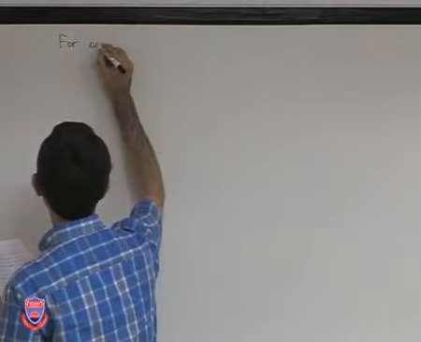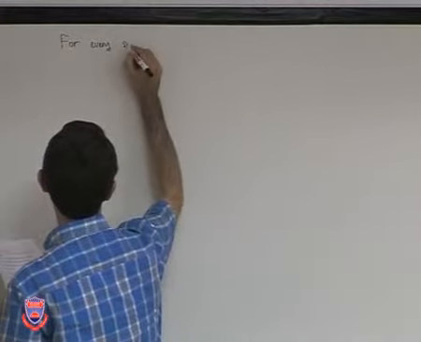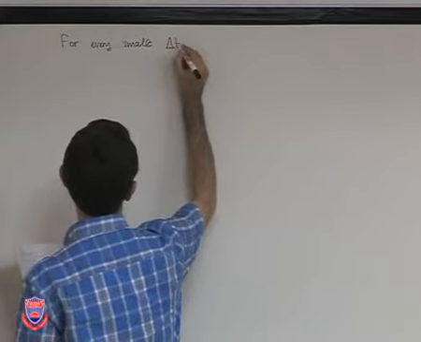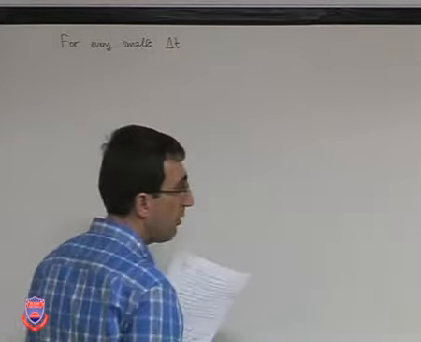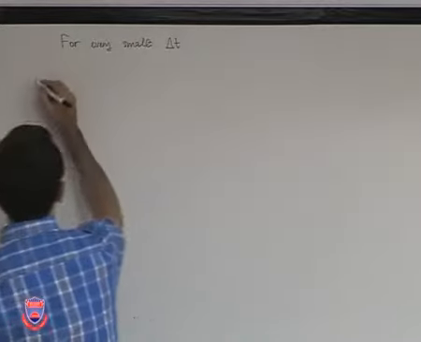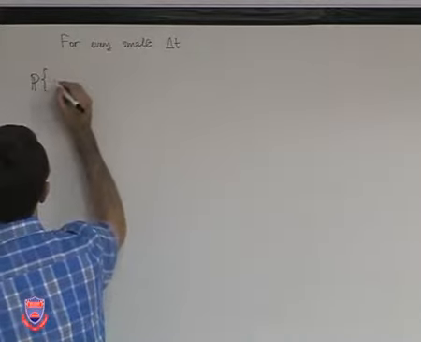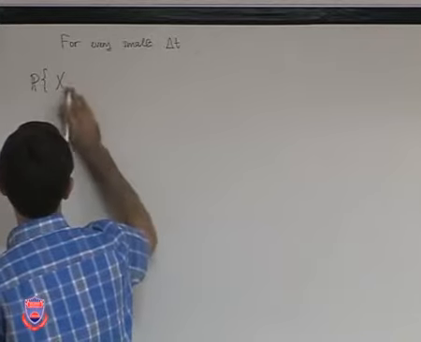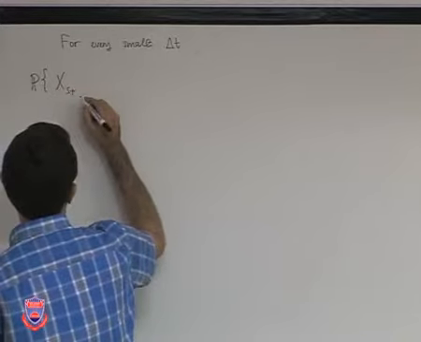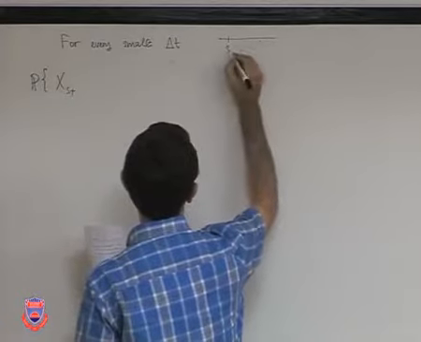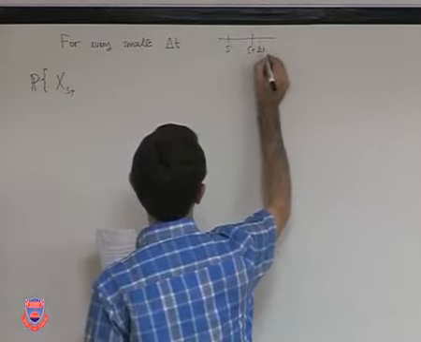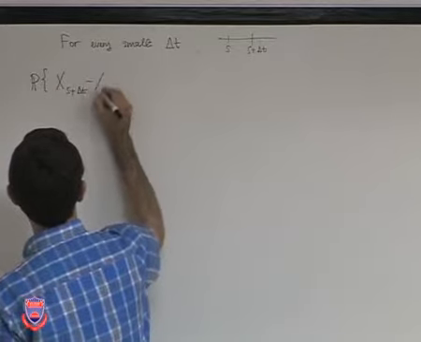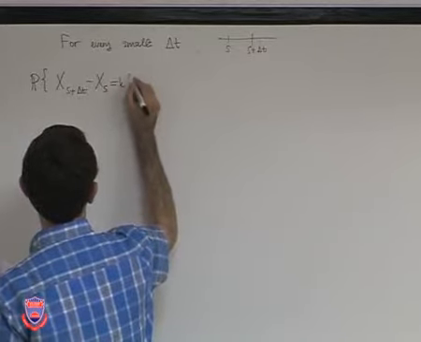For every small interval, let me switch to delta t so we never forget that it is small. Let us calculate the probability that over the interval from s to s plus delta t, the change in the process equals k.